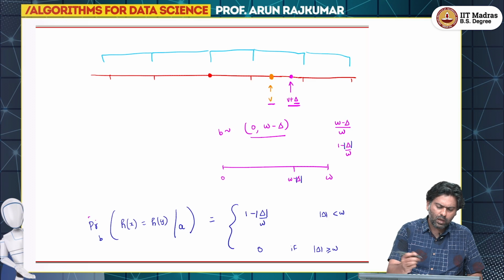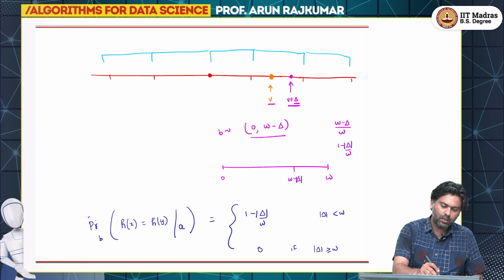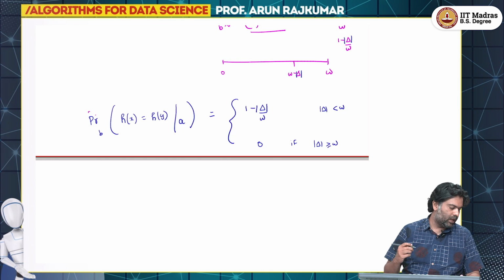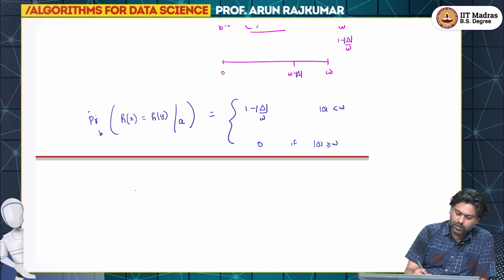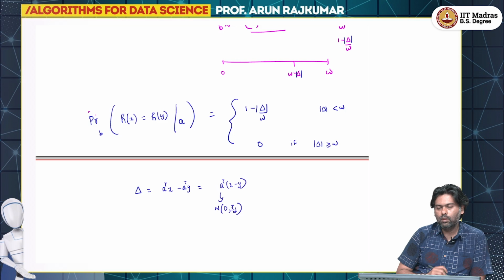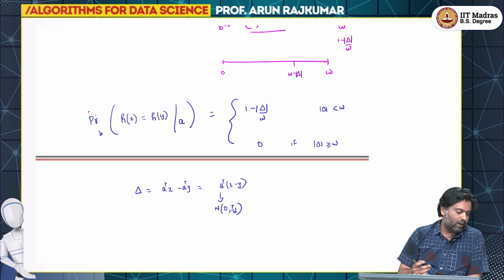So, now we will bring in A's randomness as well. So, now the question is, what is delta? Delta is A transpose x minus A transpose y, which is A transpose times x minus y, where A is some Gaussian with mean 0 and covariance I. We have already seen what random variable this is.